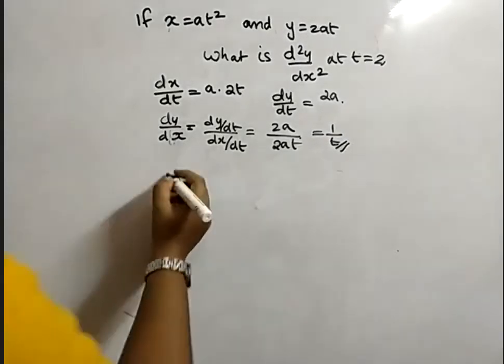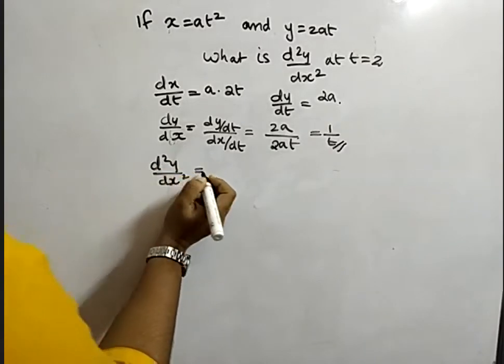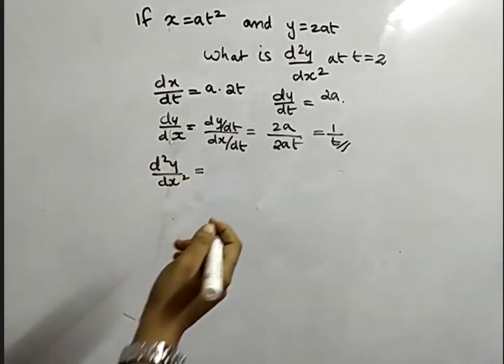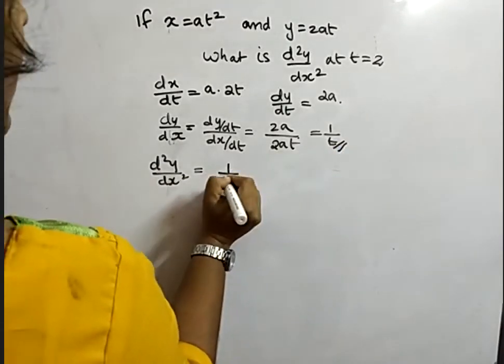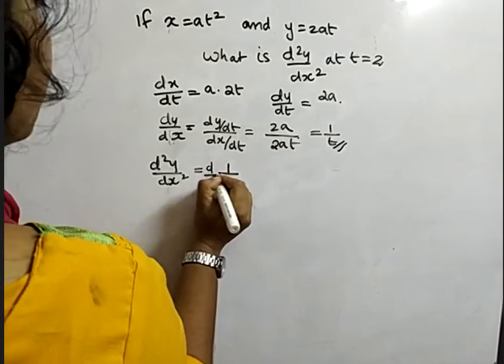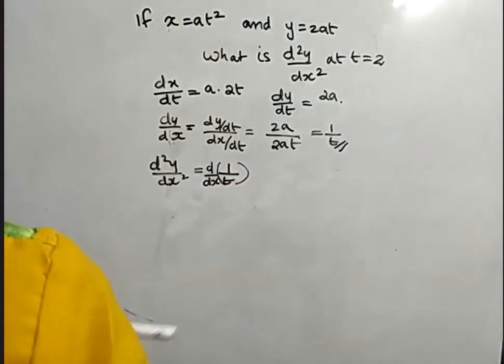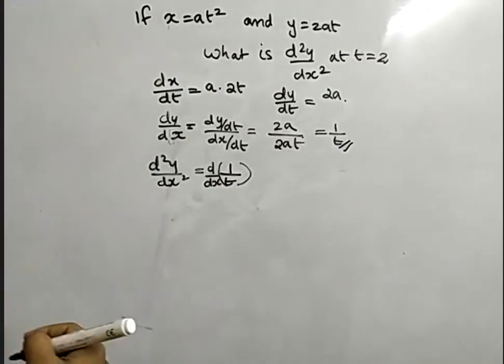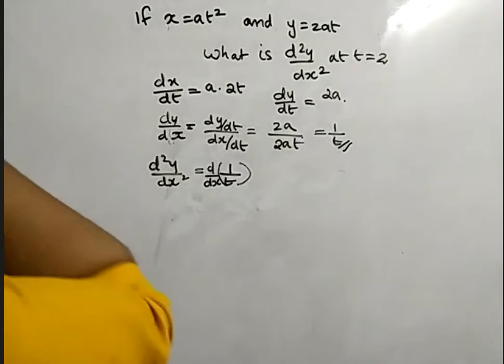Now we need to find d square y by dx square. So d square y by dx square means taking the derivative of 1 by t with respect to x. So what will you get?